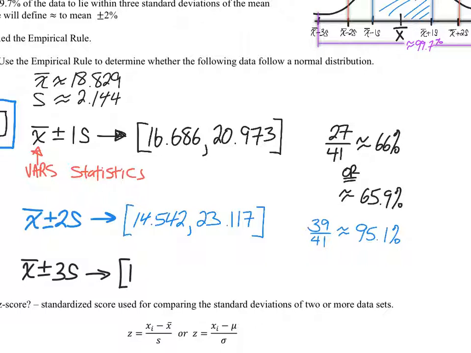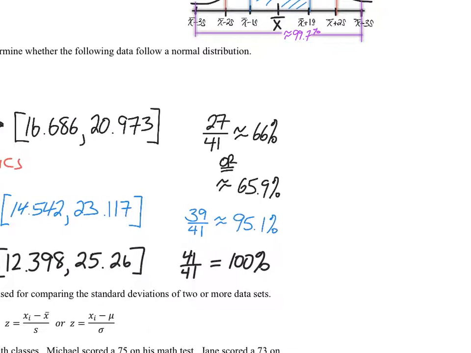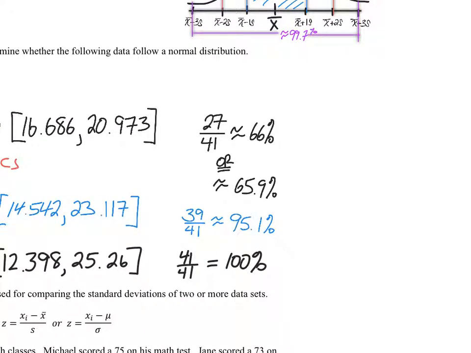For the appropriate work to be displayed, you have to write it down. 11.398 and 26.26. All right, so it's 41 out of 41, which is 100%. And it's very close to 99.7. So therefore, normal distribution.